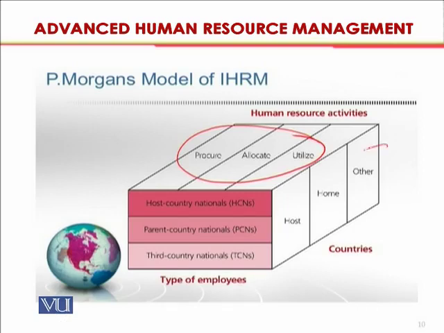The second dimension is that of the countries, in which there is the home country, the host country, and other countries. And the third dimension is that of type of employees with which we are most concerned about, and those are parent country nationals, host country nationals, and third country nationals.